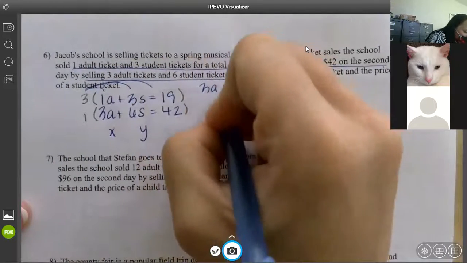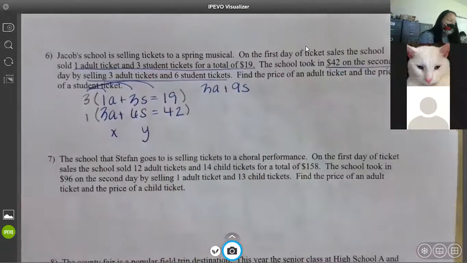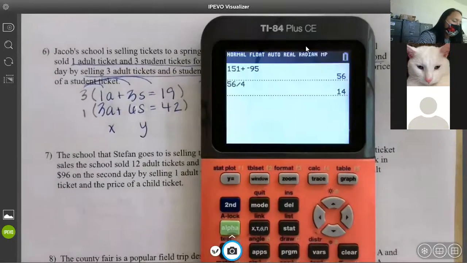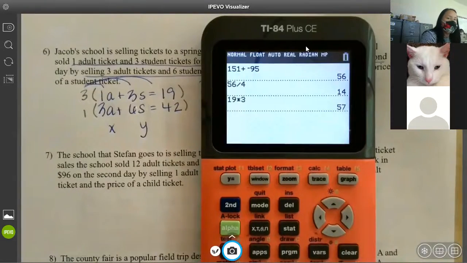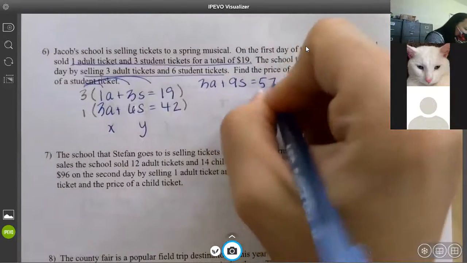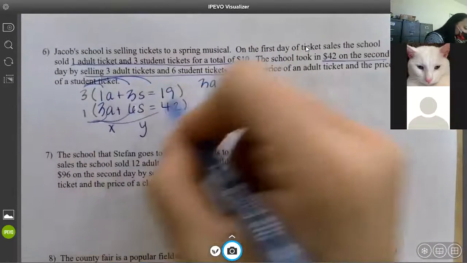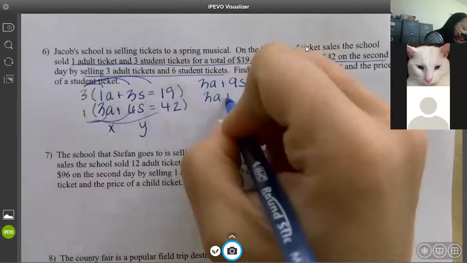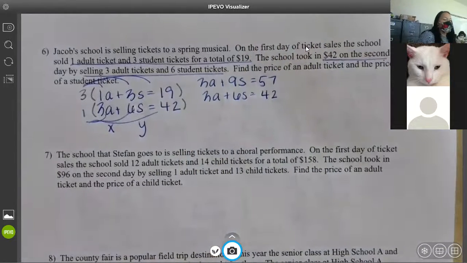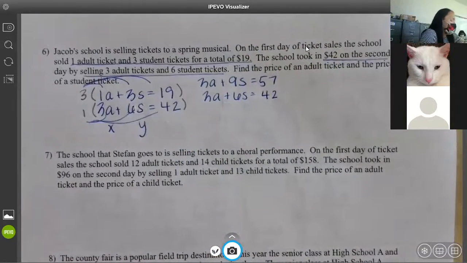We get 3A plus 9S, 19 times 3. If you're not sure, I don't care that you use your calculator, is 57. Then we distribute the 1. We get 3A plus 6S equals 42. And now your 3's look alike, so how do I get them to cancel out?